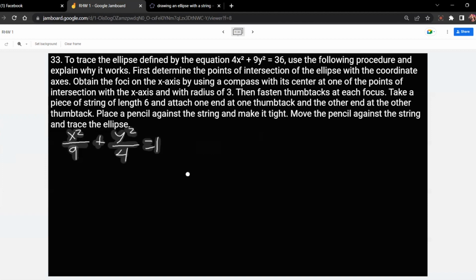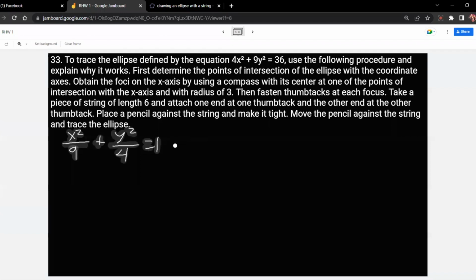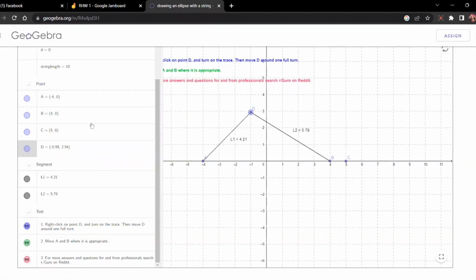So mukhang hindi siya exercise in the conventional sense eh. It's more get a piece of string, get thumbtacks, and ito then, diba? Simulated it on GeoGebra po. Okay. Sige, okay na yan. Importante lang sa akin yung nagawa mo siya.